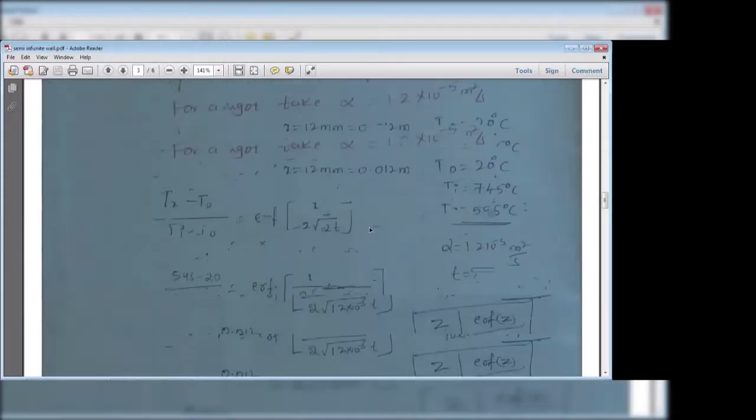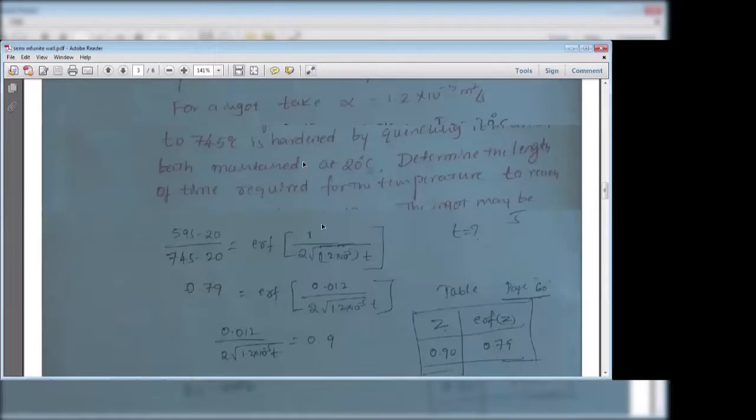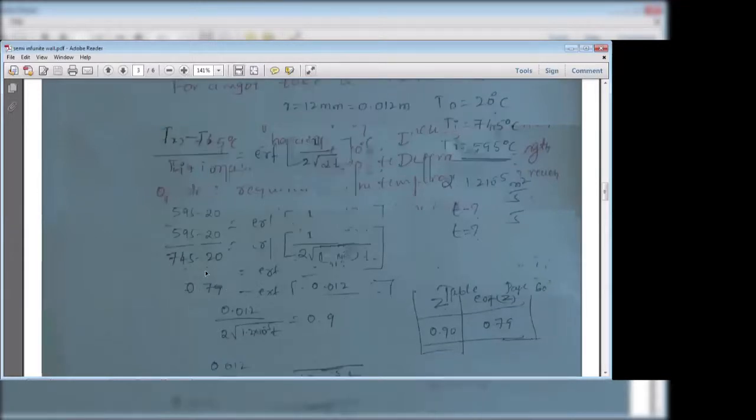Understand? So substitute all these things for the 595. That is (595 minus 20) divided by (745 minus 20) is equal to erf of x divided by 2 root of (1.2 into 10 raised to minus 5 into t). Time is there. Then 0.79.